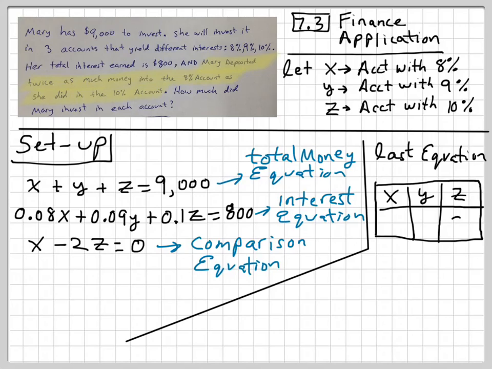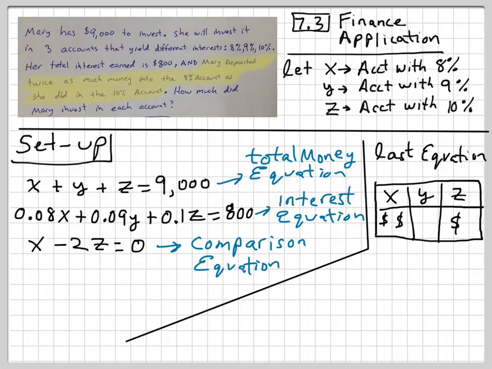So for the last equation, the information that you need to set that up, I've just highlighted. It says that Mary deposited twice as much money into the 8% account as she did in the 10% account. So in the little rectangle that I just made, the little box, we don't know how much money is going to go into the Z account or the 10% account.